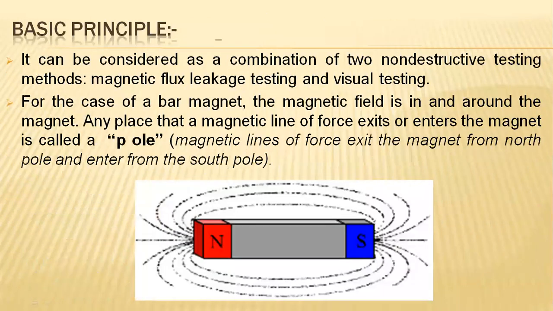The basic principle of operation here considers two non-destructive testing methods, that is, magnetic flux leakage testing and visual testing. Magnetic flux leakage testing means developing the flux upon magnetization, as we have discussed so far.